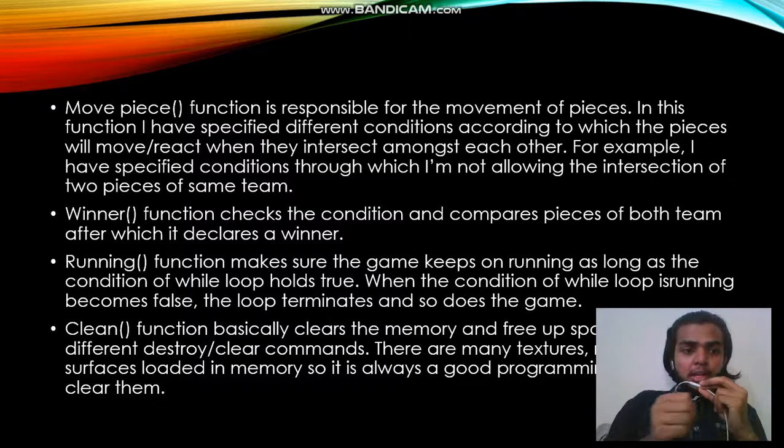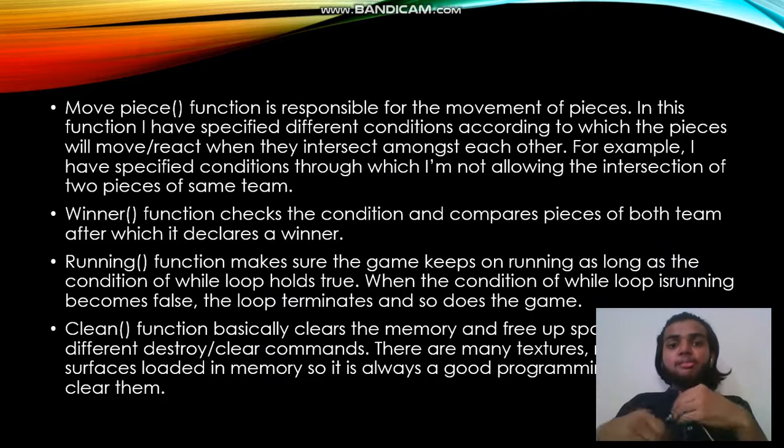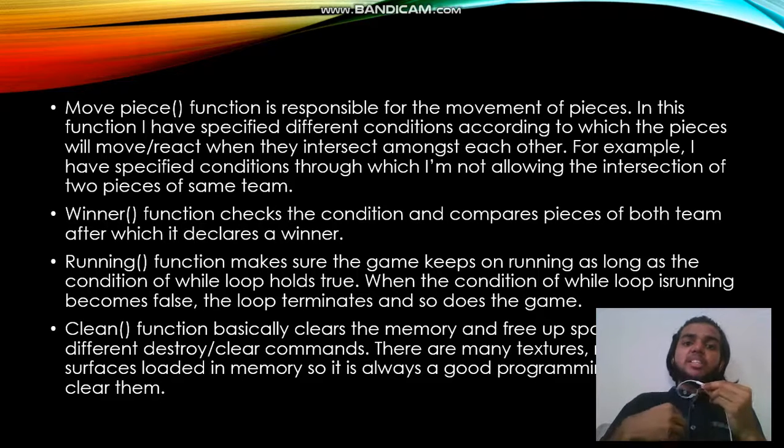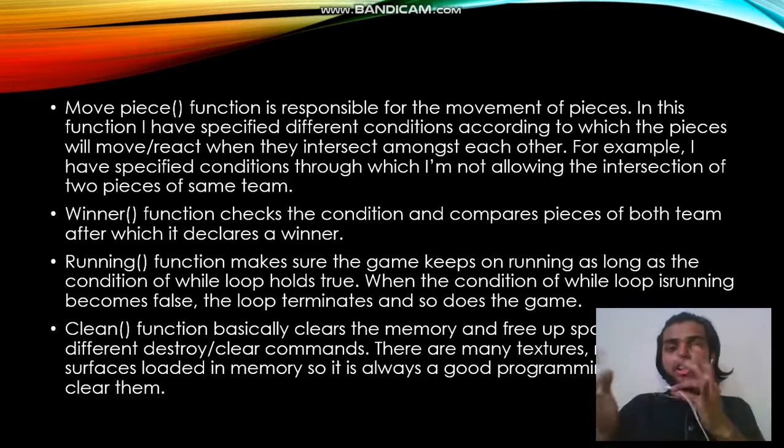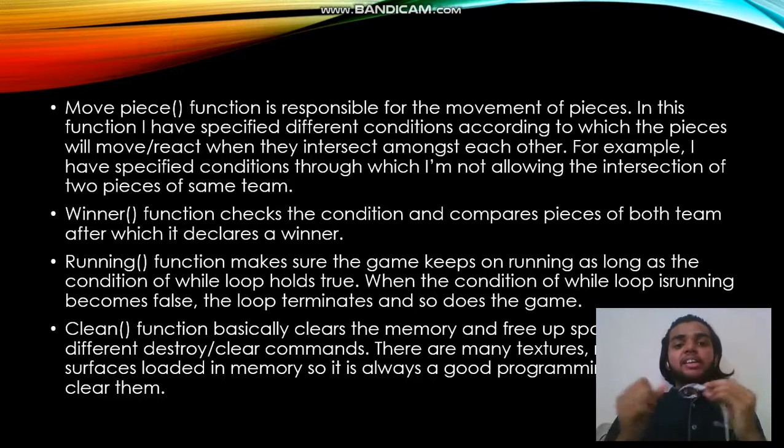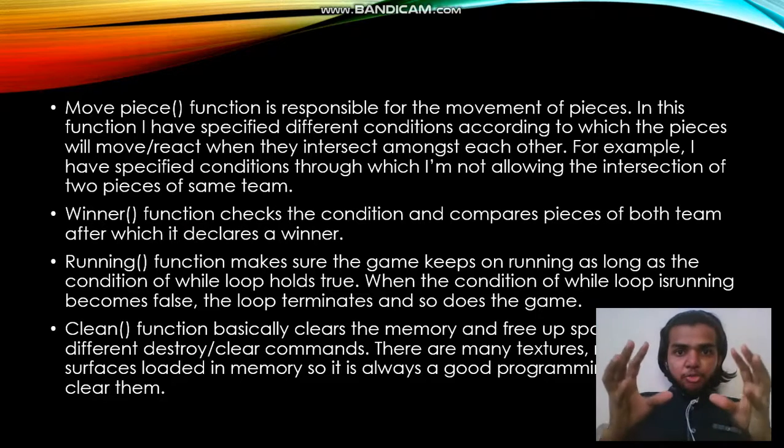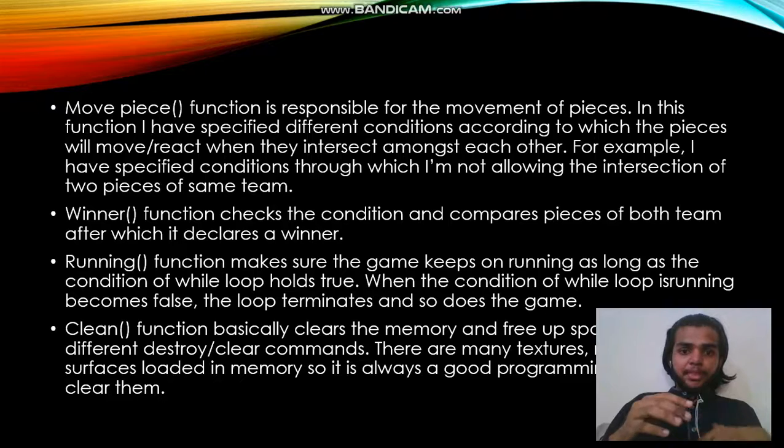Moving on to the move piece function. This function is responsible for the movement of pieces. In this function I have specified different conditions according to which the pieces will move and react when they intersect amongst each other. For example, I have not allowed the intersection of two pieces of the same team.